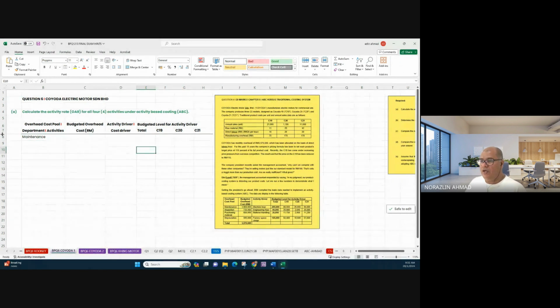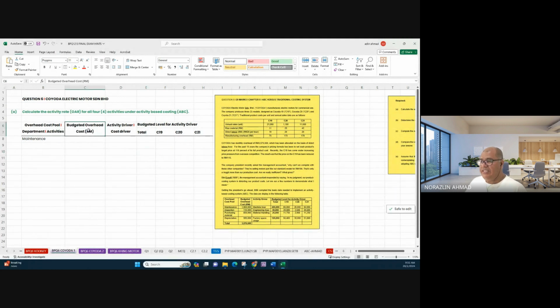The overhead cost or department or activity, budgeted overhead, total overhead cost, activity driver, and this one budgeted labor hour for this driver. Okay, done this one. Okay, maintenance activity.